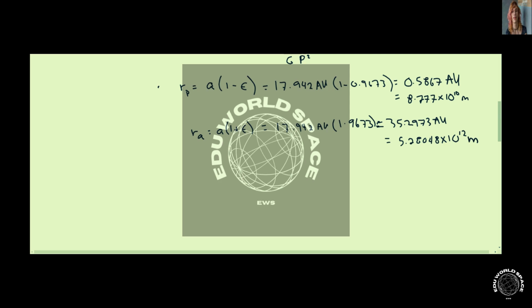So let's find the speeds at both the perihelion and the aphelion. And that takes a little bit of work, but there is a relationship derived in the chapter. It's equation number 2.33 in Ostlie and Carroll. And you can almost see that there's some energy relationships coming into play.